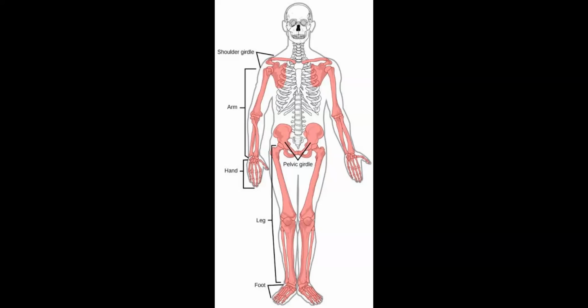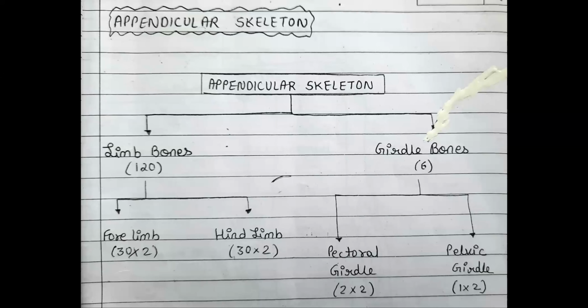As you can see in the diagram of the bones included in the axial or appendicular skeleton, let me give you a brief idea first, and then we'll go into detail. The appendicular skeleton includes two types of bones: limb bones and girdle bones.